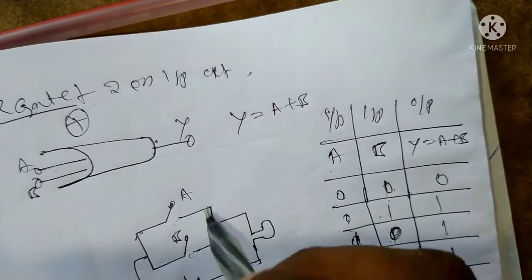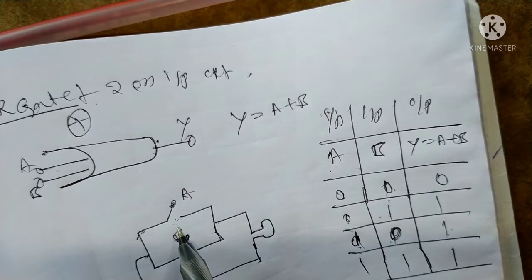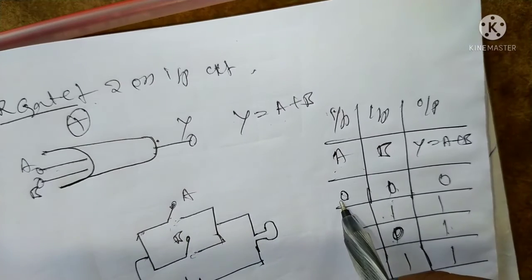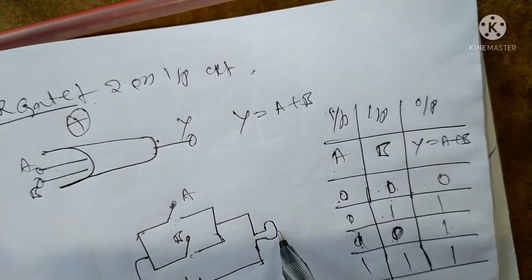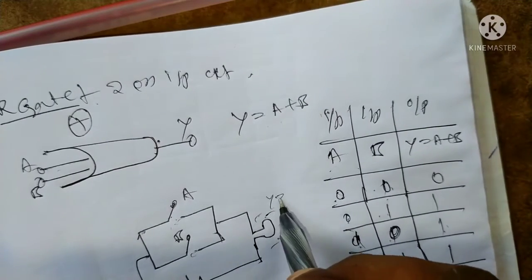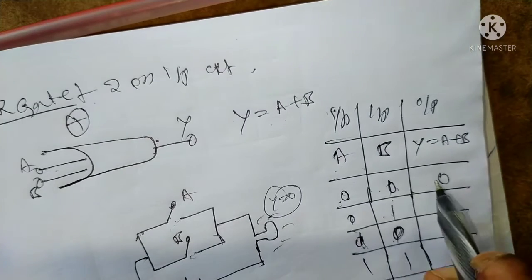Suppose A is off and B is off, both switches are open. Open means the output is also open, so Y is equal to 0. There is no current here. It is the off state, and off state means 0.